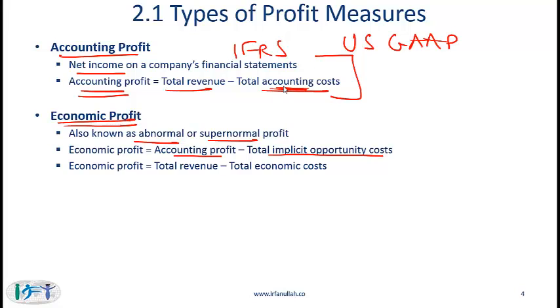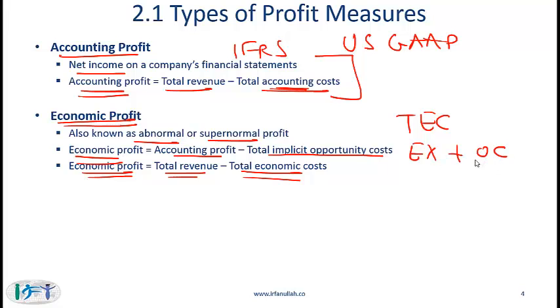We generally do not subtract any opportunity costs or implicit costs over here. But when we talk about economic profit, we also need to subtract these implicit costs or opportunity costs. Another way of expressing economic profit is to say that it is total revenue minus total economic costs. So you can think of total economic costs as being equal to the accounting costs or the explicit costs plus the opportunity costs.